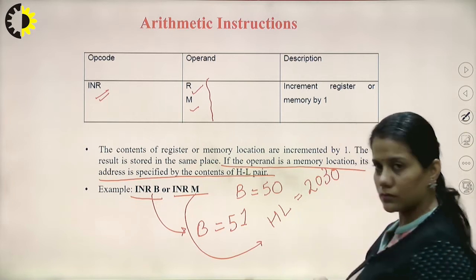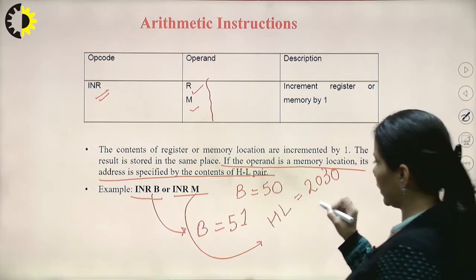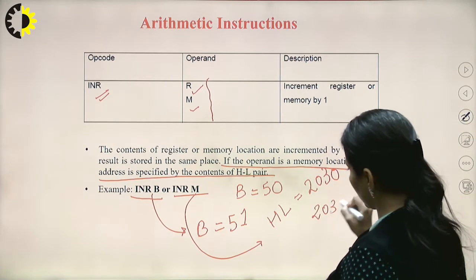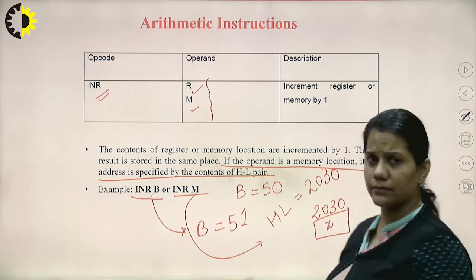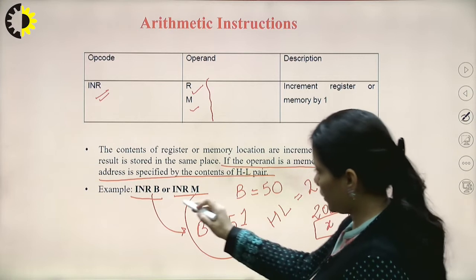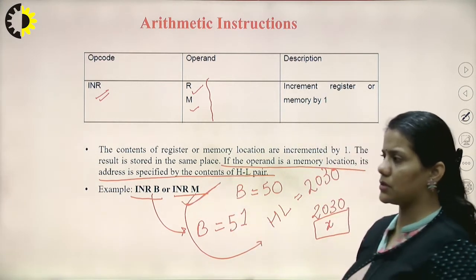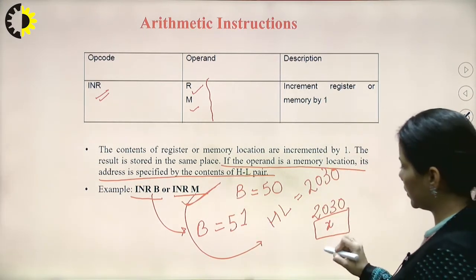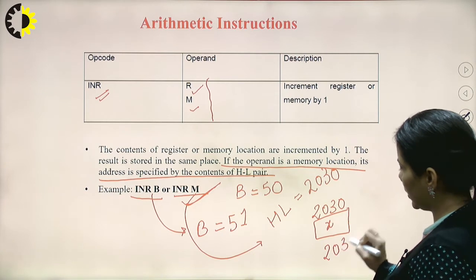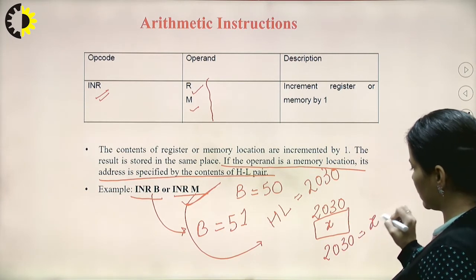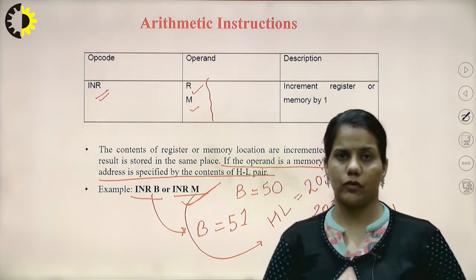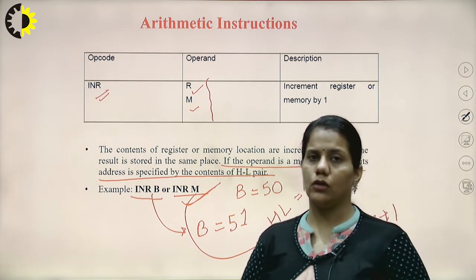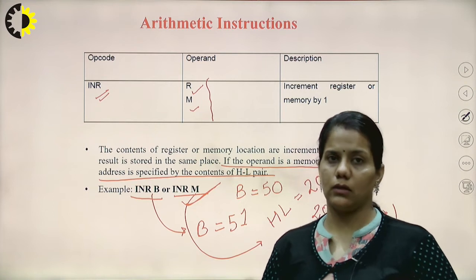Now the contents at the memory location 2030, suppose this is X. When we are executing this instruction, the value stored in 2030 will become X plus 1. In this way, this instruction will perform the increment of 1 to any operand given in the instruction.